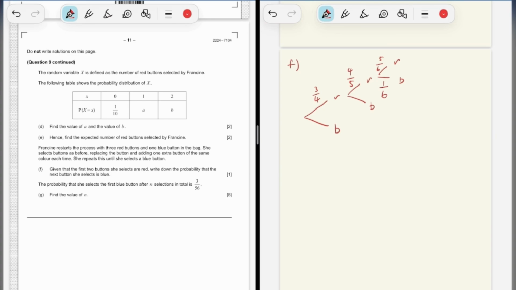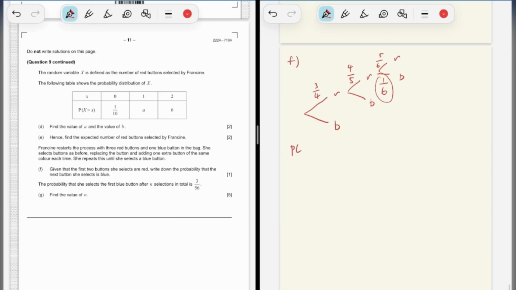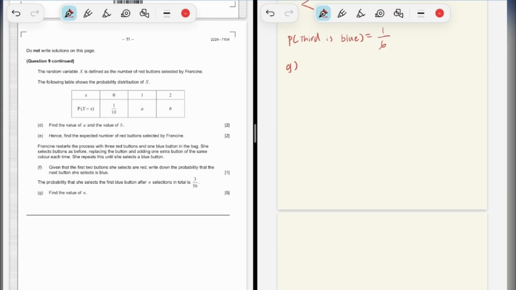And so if the total probability is 1, then 1 minus 5/6 is equal to 1/6, which is the answer. And so the probability that the third is blue is equal to 1/6.